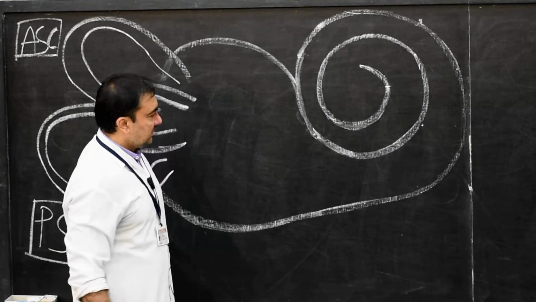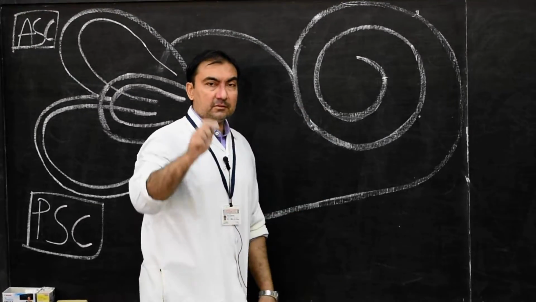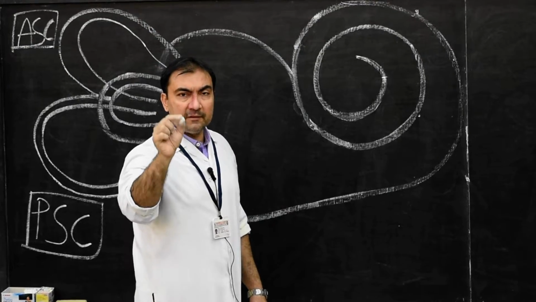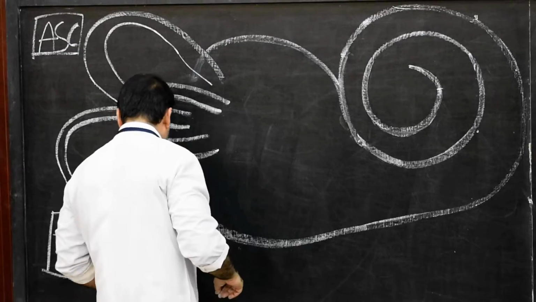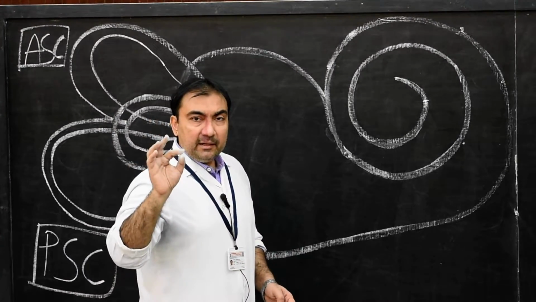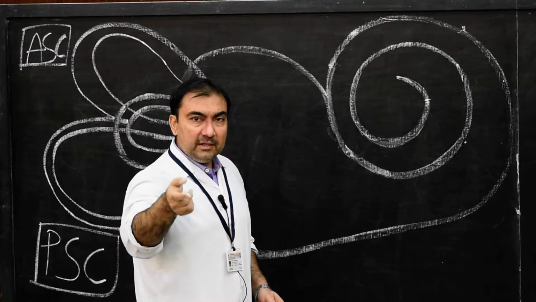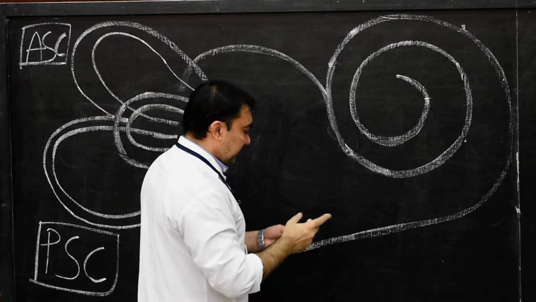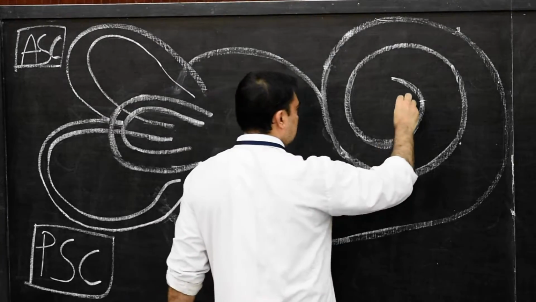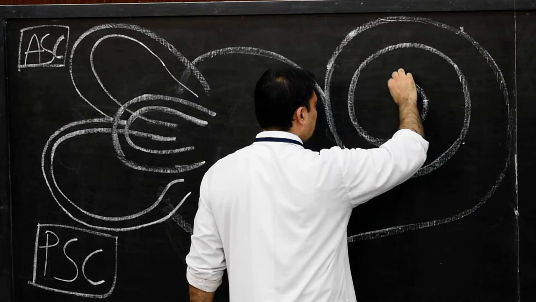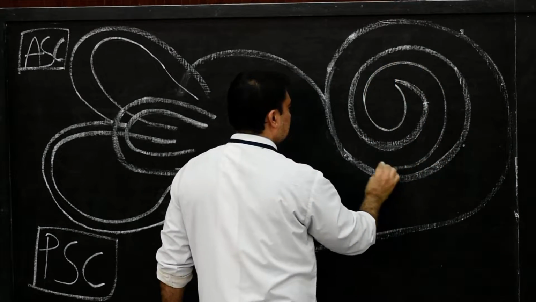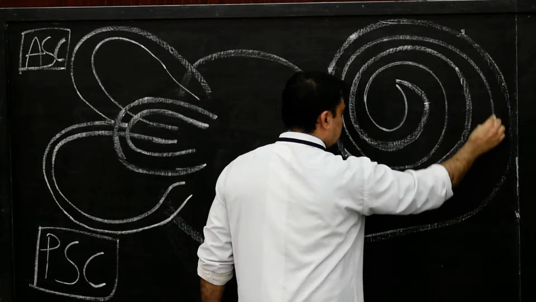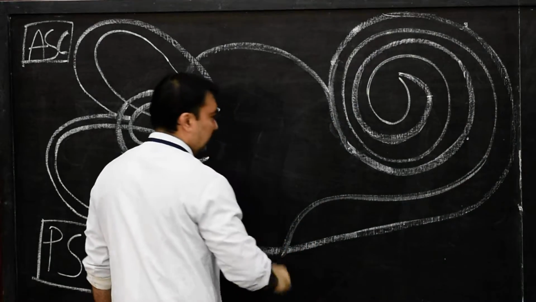Now in cochlea, within the bony labyrinth, osseous spiral lamina, that was the word which we were left with. That osseous spiral lamina will divide the entire turnings of cochlear canal into 2 segments. So first let me make here the osseous spiral lamina.